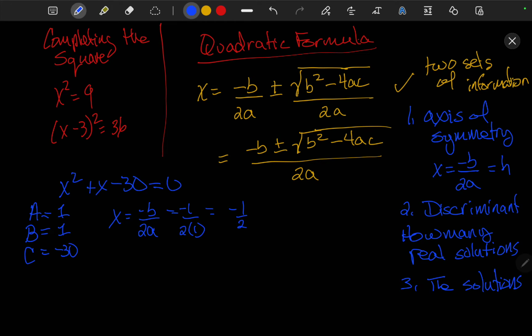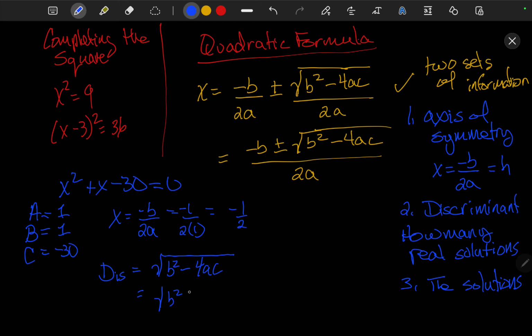Well, let's go ahead and find out how many real solutions we have. The discriminant is b squared minus 4ac. Well, what does that give me?